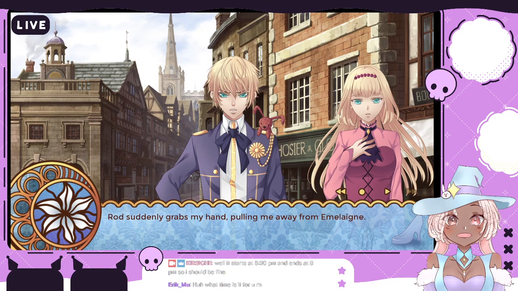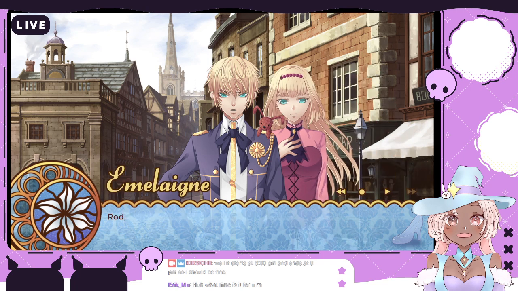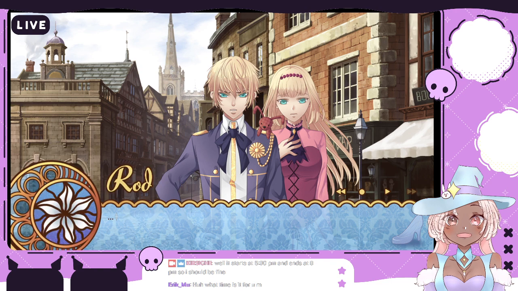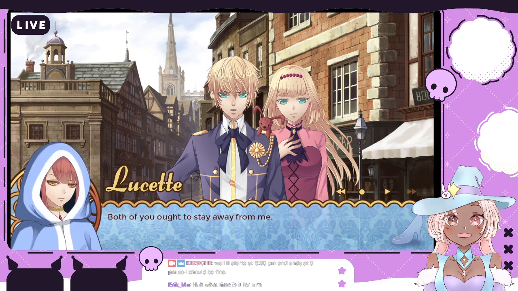Rod suddenly grabs my hand, pulling me away from Emmeline. Stop. He is staring daggers at me. I think this is the first time I've ever seen him angry. Rod, don't. Well, this escalated really fast. Let me go. Both of you ought to stay away from me.